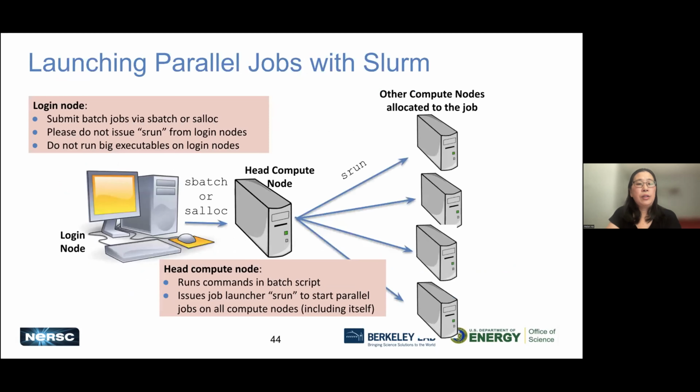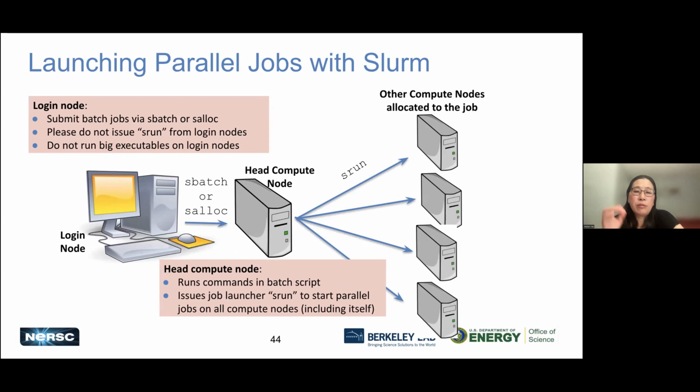So here's a little diagram. On the login node, you log in and use the command either sbatch or salloc to submit your job to request a compute node reservation, a compute node allocation. And once you gain allocation, you'll land on the head compute node, which is one of the compute nodes that you asked for.